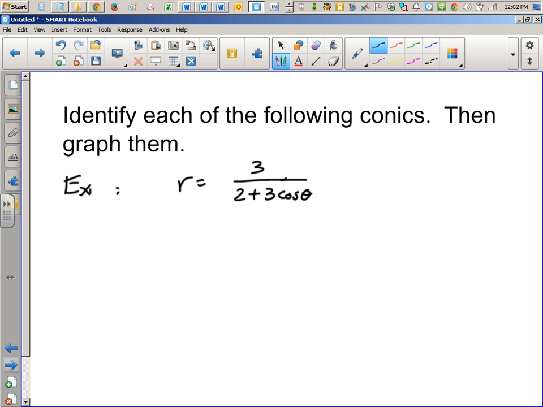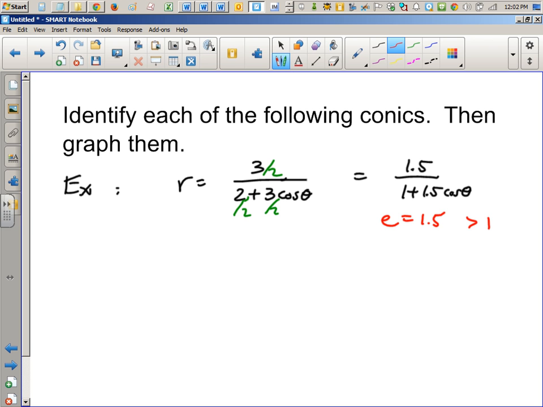So the first thing you're going to do is try to identify what the eccentricity is by dividing everything here by what? By 2. Okay, this is going to give me, I'll just put 1.5 on top. And you have that. 1.5, let's see, 1.5, that's bigger than 1. So my eccentricity is 1.5.